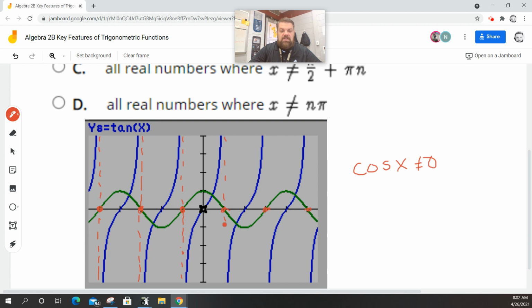Well, what we need to figure out is where does that occur? So one way to do that is just think, where does cosine equal 0? So let's talk about cosine for just a second.